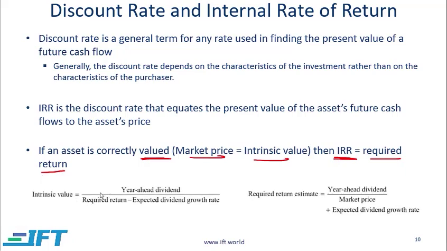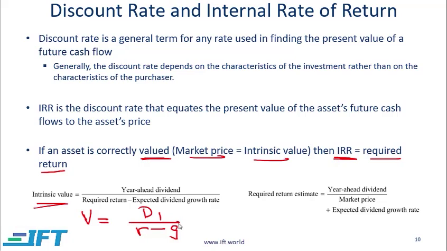If we use the simple Gordon growth model, then the value of a stock or the intrinsic value is the year ahead dividend divided by R minus G. And I'm sure you remember this. Let's say this is the intrinsic value, which is equal to the price of a stock in an efficient market. This is equal to D1 divided by R, which is the required return, minus the growth rate.